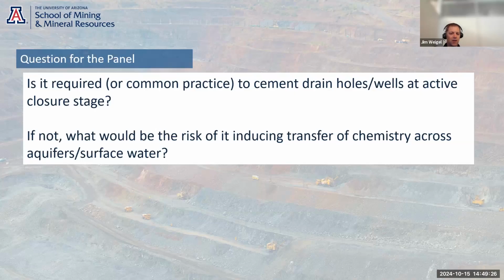The other thing too, I think when you start talking about closure and whether you should abandon all these holes, in general it's a good idea, but the bigger question is, what are the potential impacts and what is the hydrogeology at your site location? Are you in an area where your current mine is an aquifer recharge area?